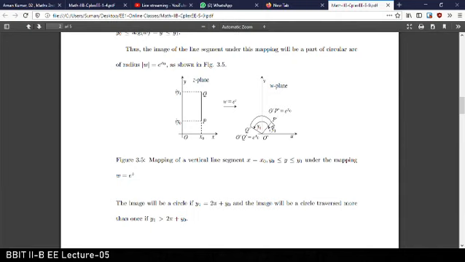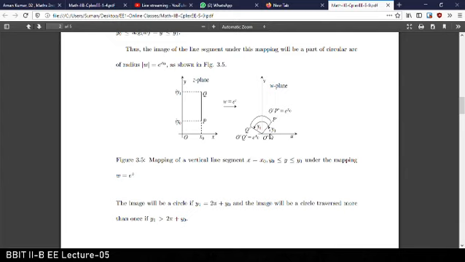So O'P' and O'Q' are the same length. If I take some other point R, it will be somewhere here. So the distance of the points on the image of this line will be constant, all e to the power x0, and the angle will be different.